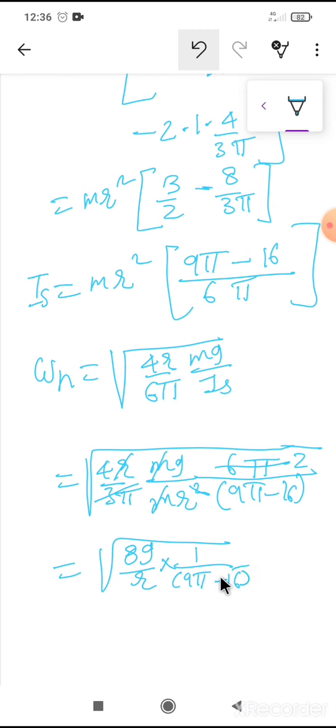So this is the value of natural frequency of this system.